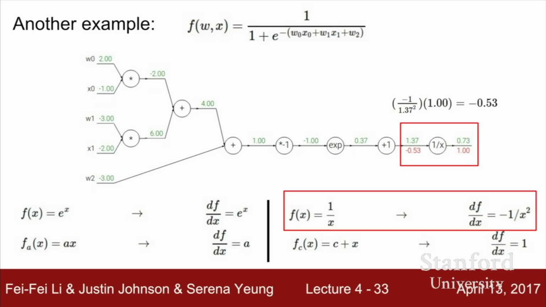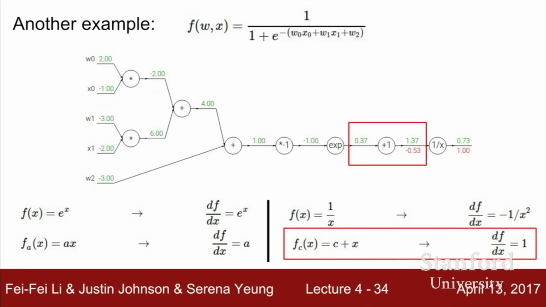Here we take negative 1 over x squared and plug in the value of x we had during the forward pass, 1.37. So our final gradient with respect to this variable is negative 1 over 1.37 squared times 1, which equals negative 0.53.